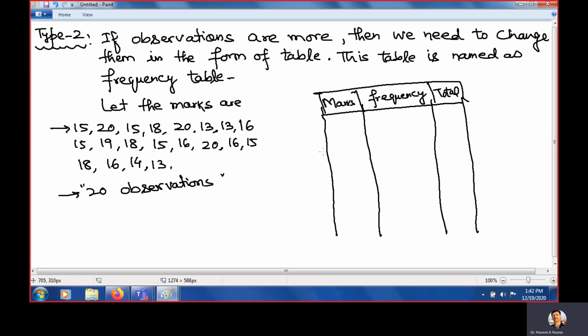Clear? How do we mark it? If you see here, what are the possibilities of marks? Marks are 13, 14 is there, 15 is there, 16. 13 is the minimum.